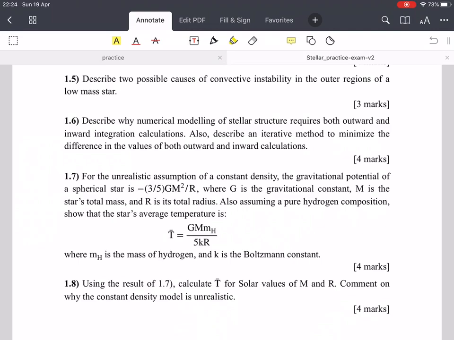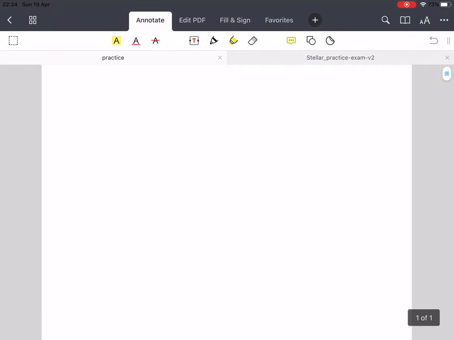In that case, you get the gravitational potential, which is given to you, of minus 3/5 GM squared over R. And then what you can do is, using this assumption and also assuming a pure hydrogen composition, which again we know is not very accurate, you can get a relatively simple relation for what the temperature should be in terms of the total mass and the total radius of the star. So let's look at that one.